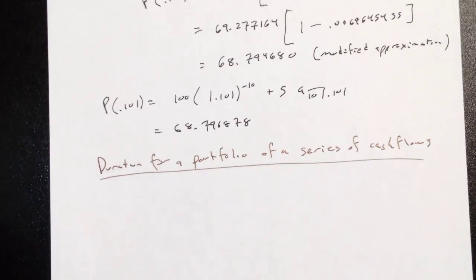So I've got lots of financial instruments. I've got zero coupon bonds. I've got coupon bonds. I've got single payment return investments. I've got money coming in. I've got money going out.